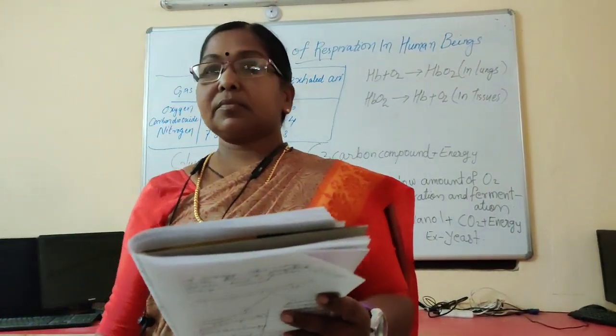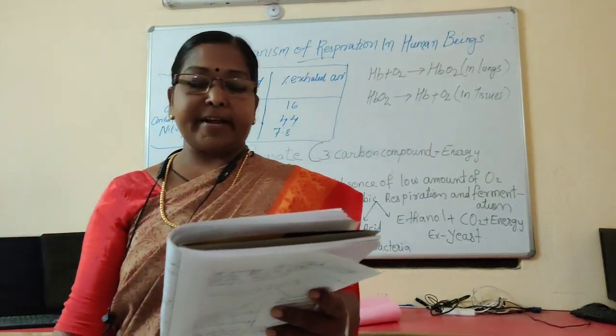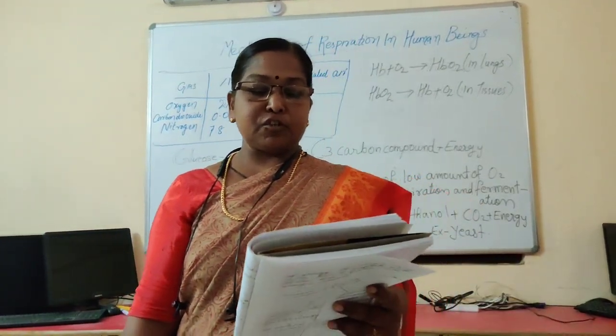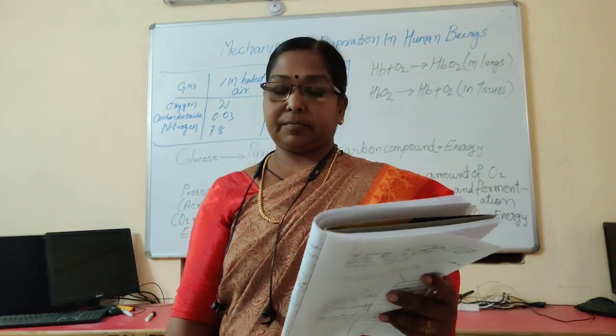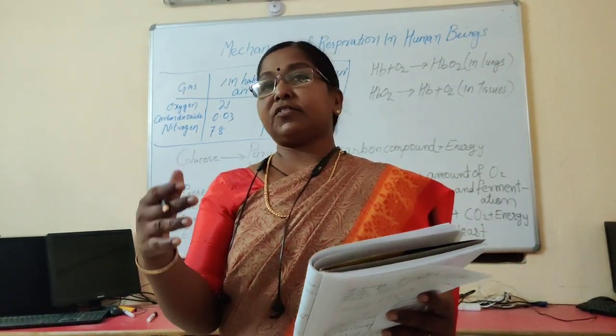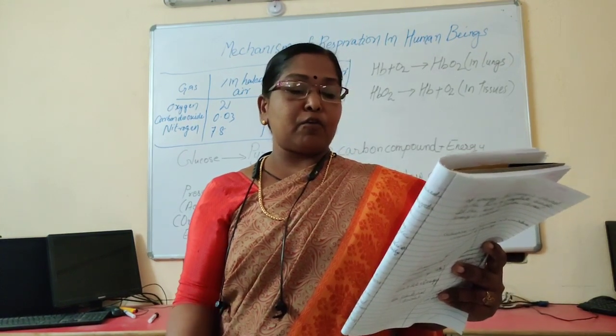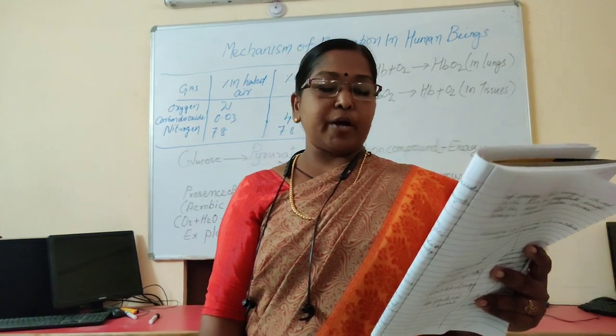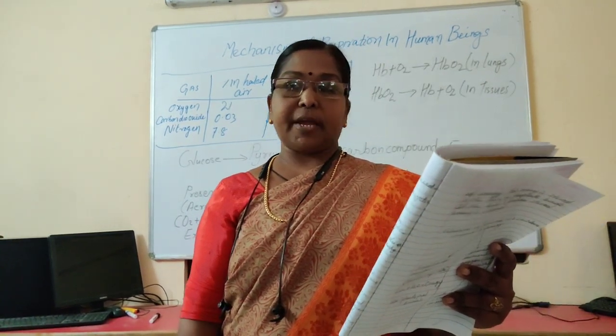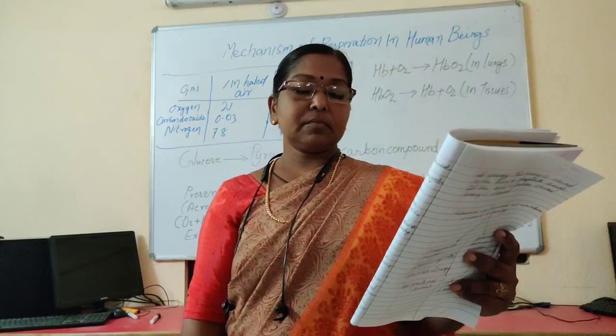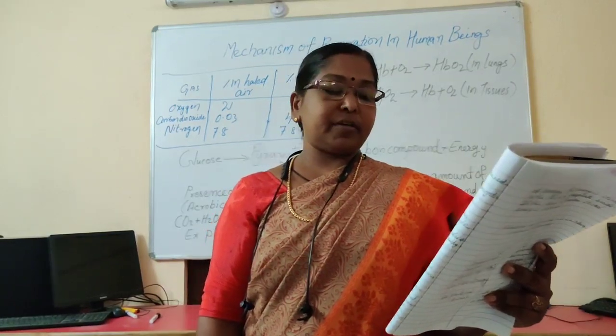Next, the breakdown of sugar and other food within the cell does not take place in a single reaction. It occurs in a series of steps. From the breakdown of glucose, the energy is released and stored in a special compound known as ATP, adenosine triphosphate.